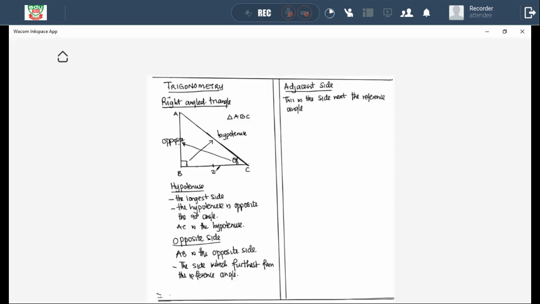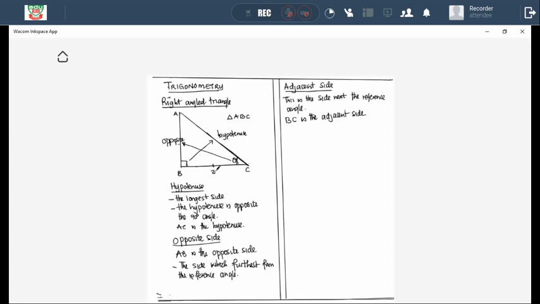So in this case, BC is the adjacent side. Now, if you check now, we've got three sides: the hypotenuse, the opposite, and the adjacent side.